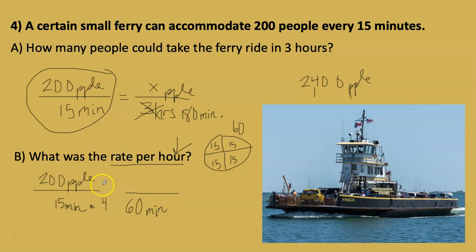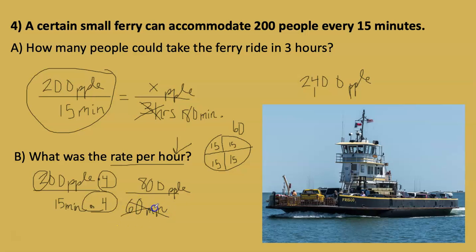All right, to keep the fraction equal, basically I'm using scaling here. If I multiply by 4 down here, I need to multiply by 4 up here. 200 times 4, just focus on the 2 and the 4. 2 times 4 is 8, and then put the zeros back on. So that's 800 people every 60 minutes.